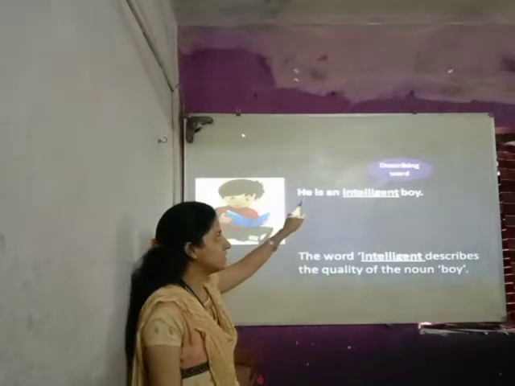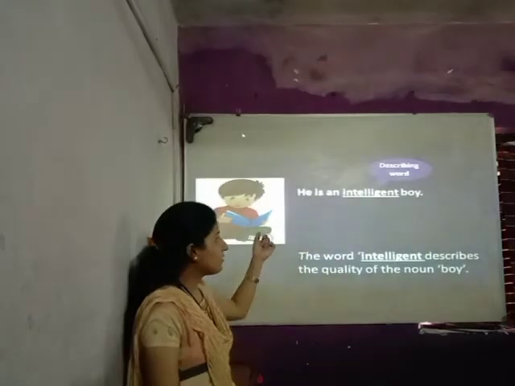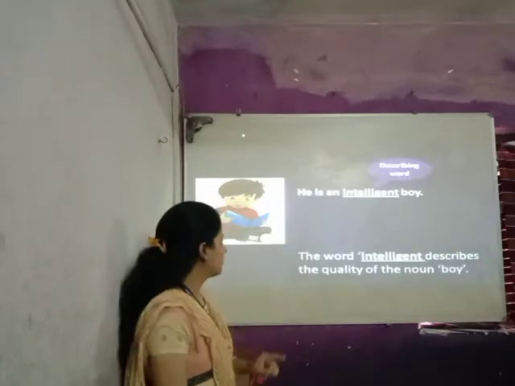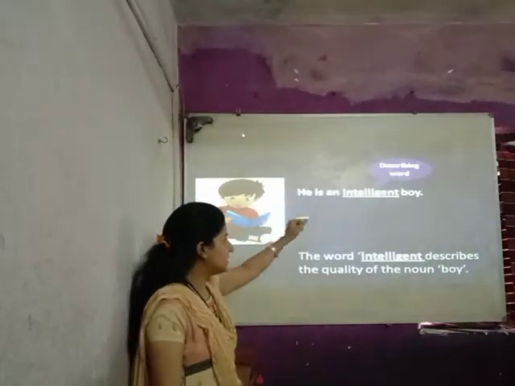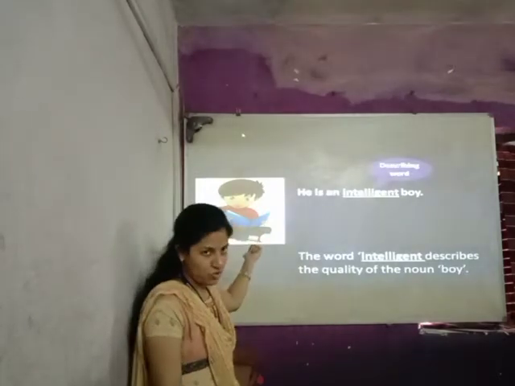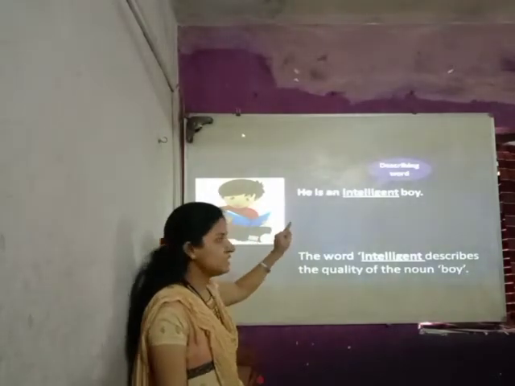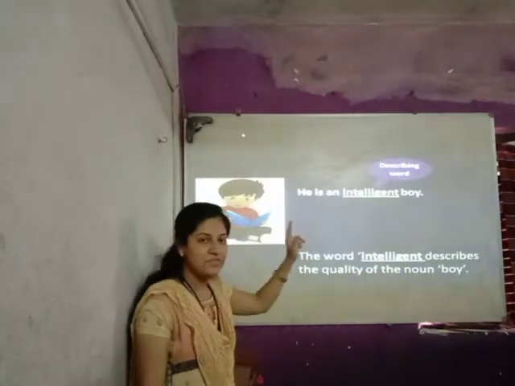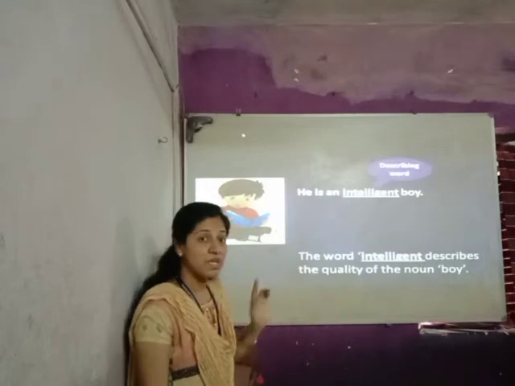Intelligent is a describing word and it describes the boy. So boy is a naming word. The word intelligent describes the quality of this boy. So intelligent is a describing word and boy is a noun or naming word.